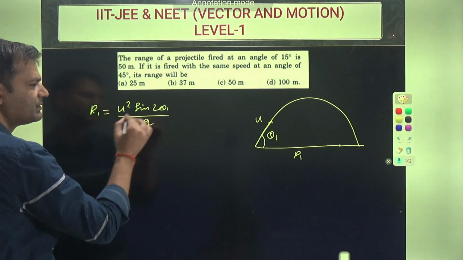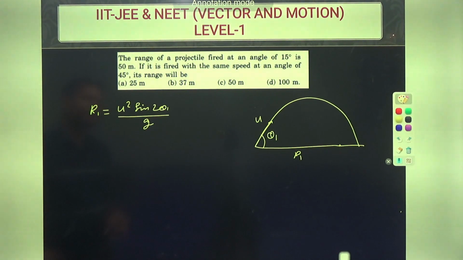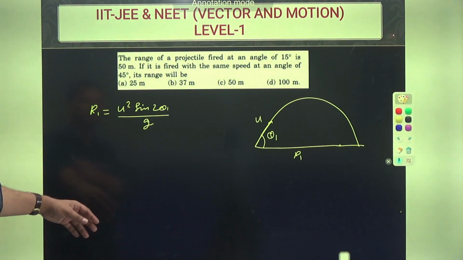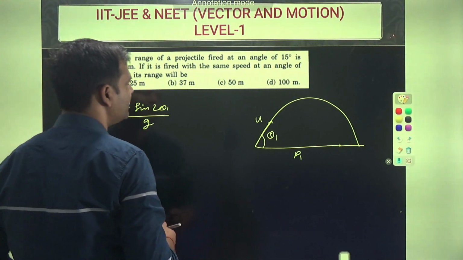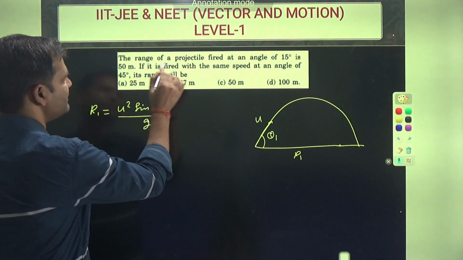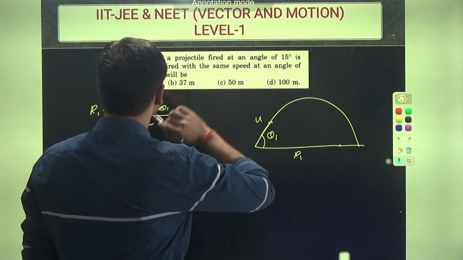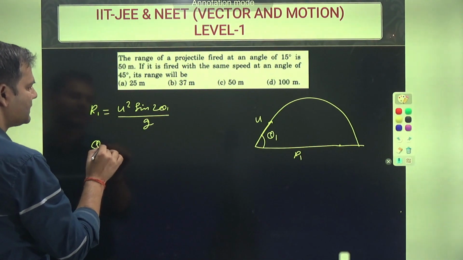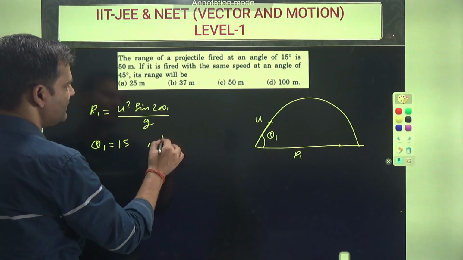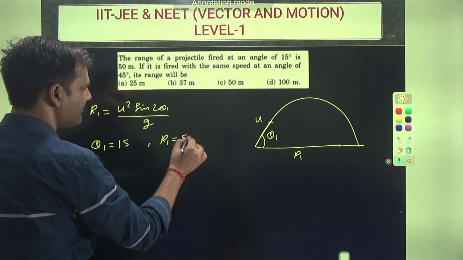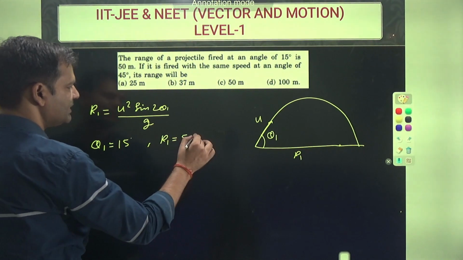That is the formula of range, which I have already discussed. According to the question, theta is 15 degrees and the range is 50 meters.